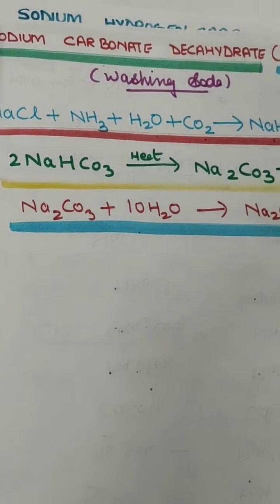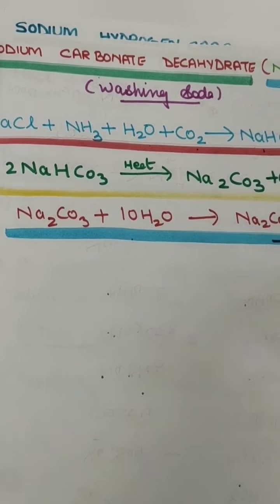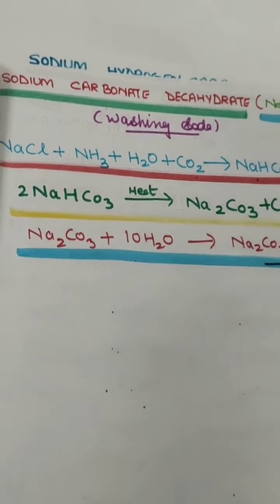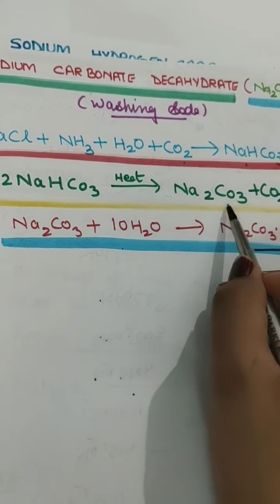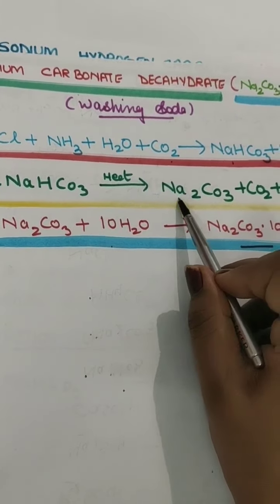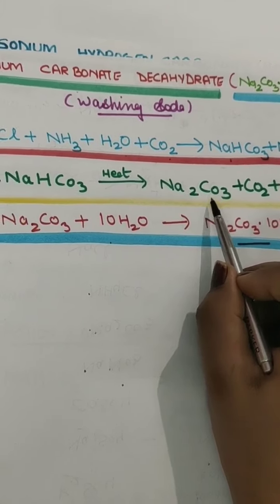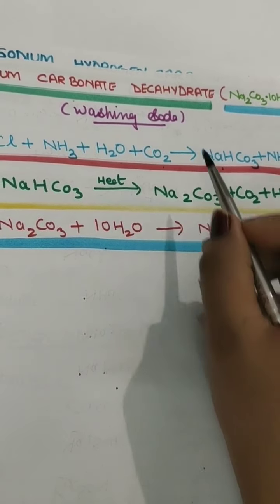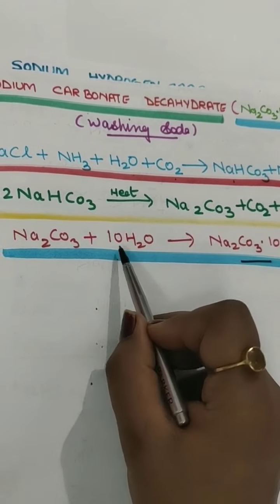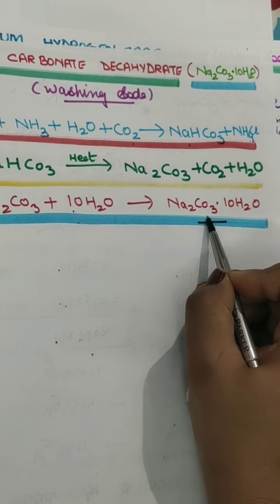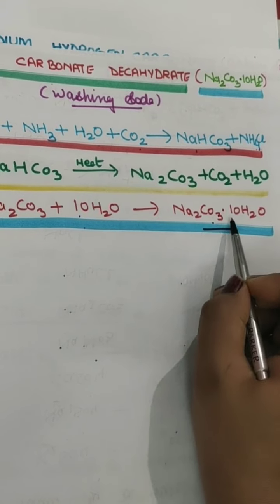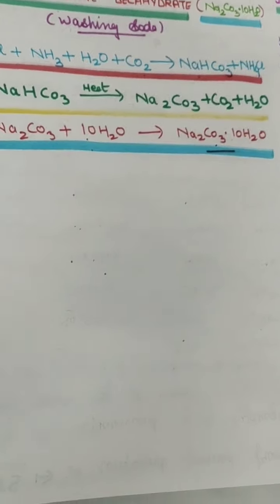To make washing soda, first we will make baking soda. Now we will heat this, and on heating, water and CO2 are removed. This also we have read. So it will be Na2CO3, that is sodium carbonate, but still it's not decahydrate. So here we will add 10 molecules of water, and we will get sodium carbonate decahydrate. This is a simple thing.